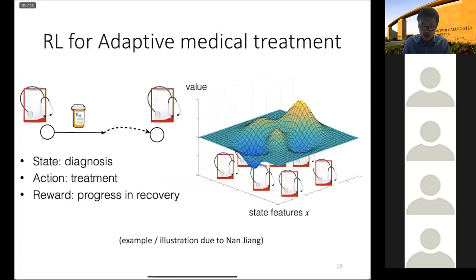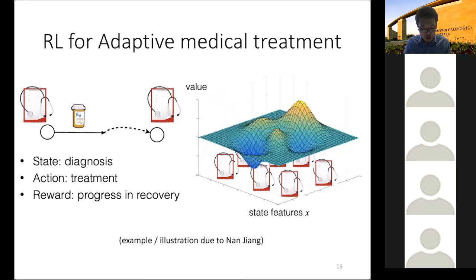Okay, so this is the third application, say in the personalized medicine domain. I got this example from Nanjiang. Here the state will be the diagnosis, the actual tests that you run, and the actual physical condition of that individual patient, and the action that you take would be the treatment, a sequence of treatment plans that you prescribe to that patient.